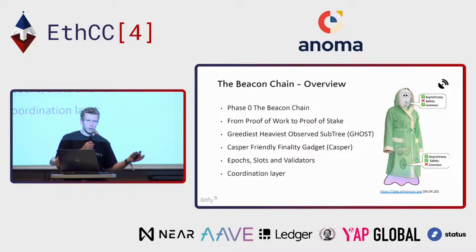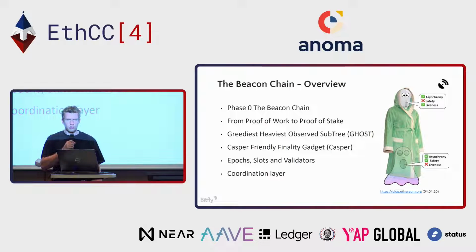And then, lagging behind to create finality, we have the Casper algorithm that, instead of just proposing blocks, also looks at the attestations and how many people actually believe this is the canonical chain. And in the end, the beacon chain right now mainly consists of epochs, slots and validators, and acts as, as previously mentioned, a coordination layer.